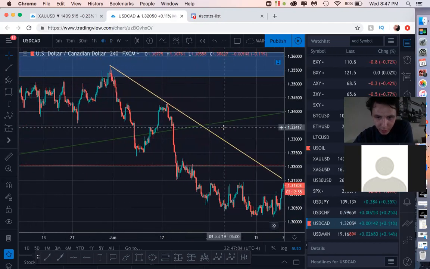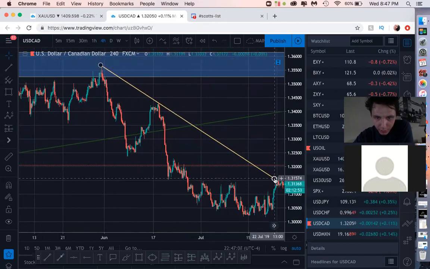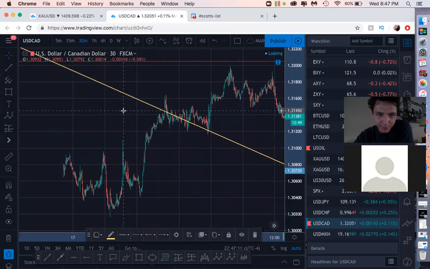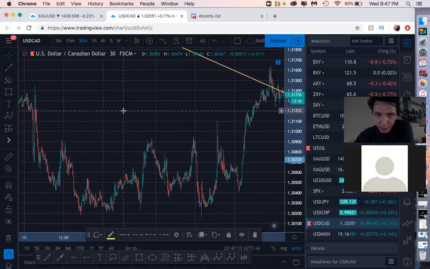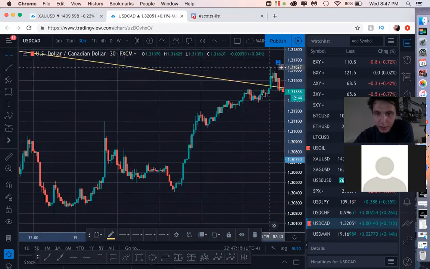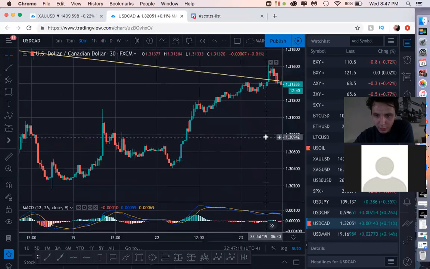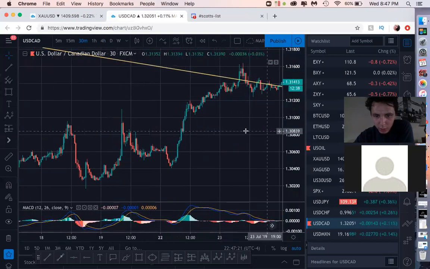As it comes closer, actually let's extend this out a bit. As it reaches that trend line, we can finally see this break, candle close. I'm sure that's kind of where the MACD crossed. No, it's not, of course.